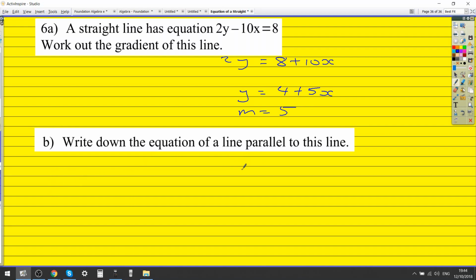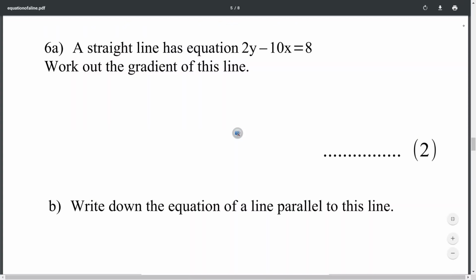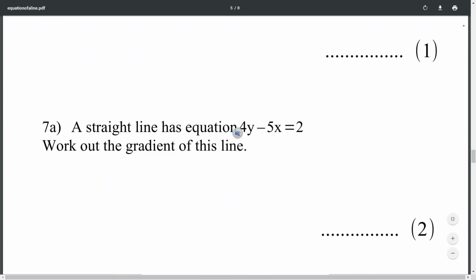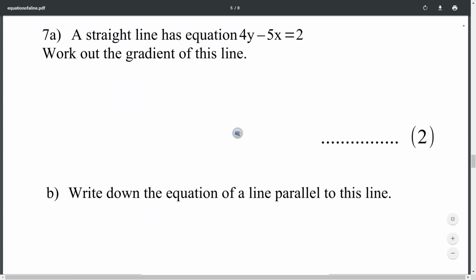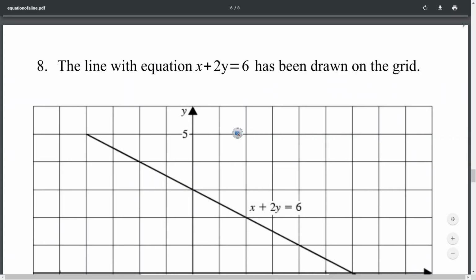Write down the equation of a line parallel to this. So y equals 5 plus 5x. It's the same idea, except you get a fraction.